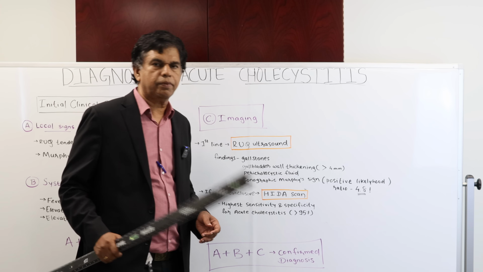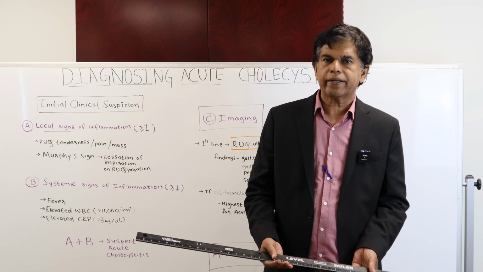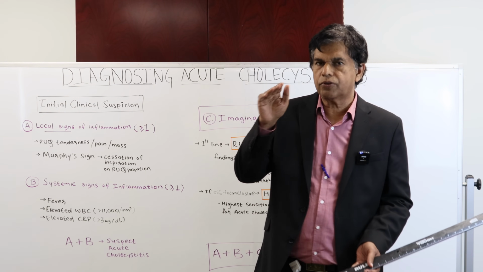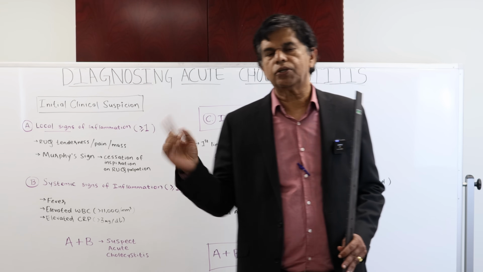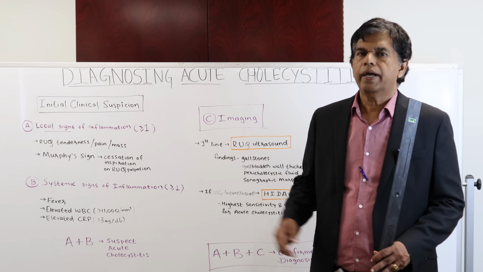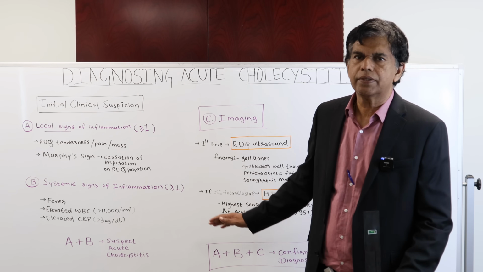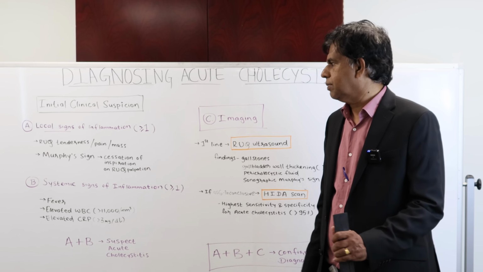The one thing to remember, 4 millimeter gallbladder wall, that is the normal thickness. If it is greater than 4, there is gallbladder wall thickening consistent with cholecystitis. You're going to have pericholecystic fluid in your diagnosis there. If it is inconclusive, then you do the HIDA scan, whose sensitivity and specificity is extremely high.